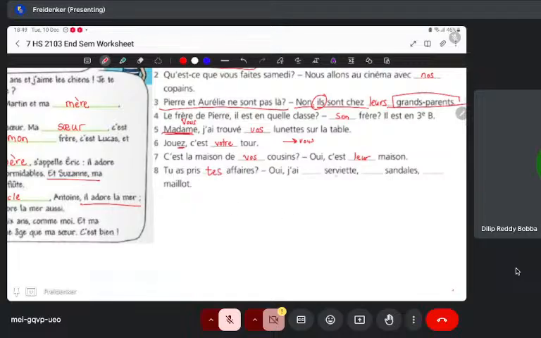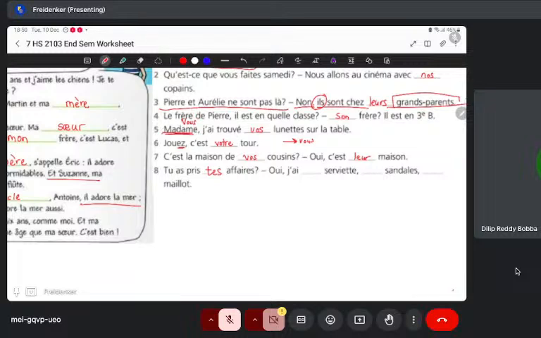This is not in plural, and Sehviyat is feminine because it ends with an E. So I think it's like have you taken your things? So have you taken your things? So affair in this case probably means things.